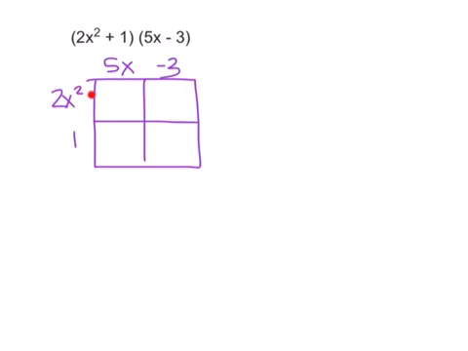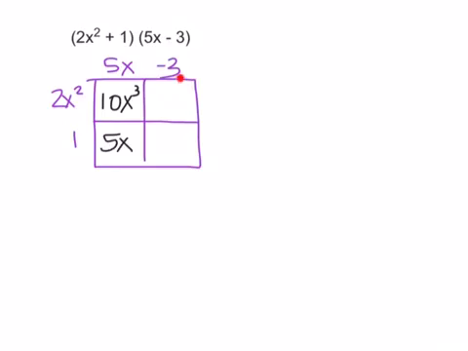We're going to do 2x squared times 5x. Well, 2 times 5 is 10. And then we have x squared times x. Now remember, this is x times x times x. Well, what's x times x times x? It's x to the third. All right, then we have 1 times 5x. Well, 1 times 5x is 5x.